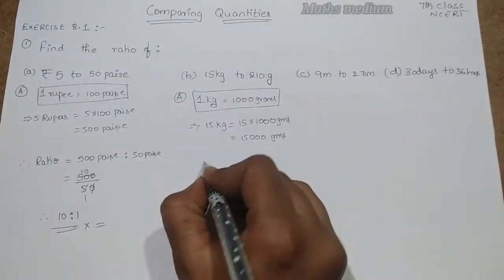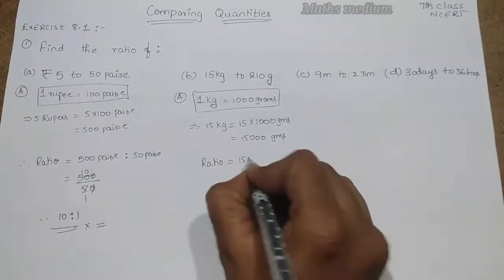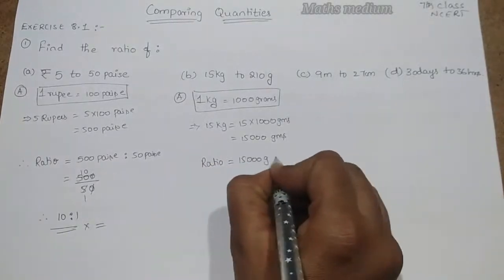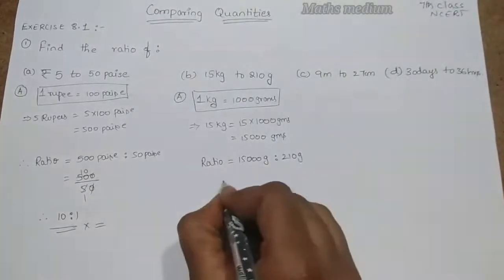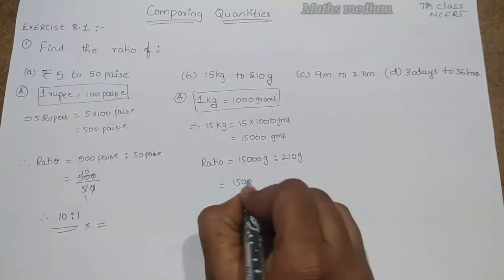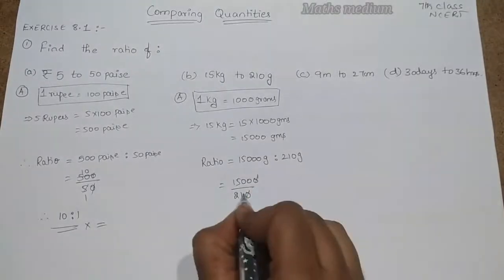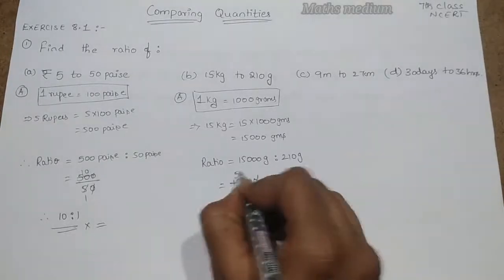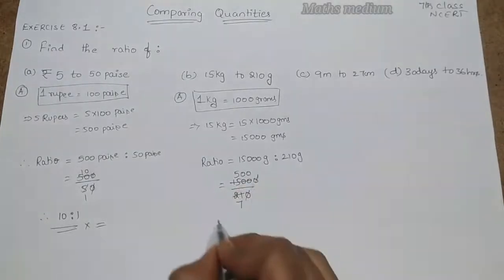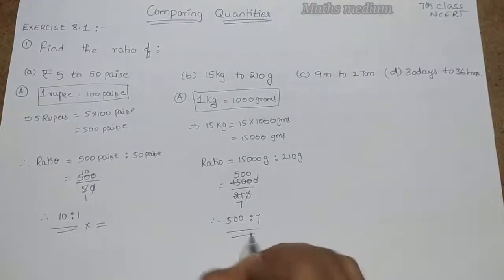Now the ratio is 15,000 grams to 210 grams. 15,000 divided by 210. The 0 gets cancelled. 3 7s are 21, 3 5s are 15. Therefore, 500 is to 7 is the answer.